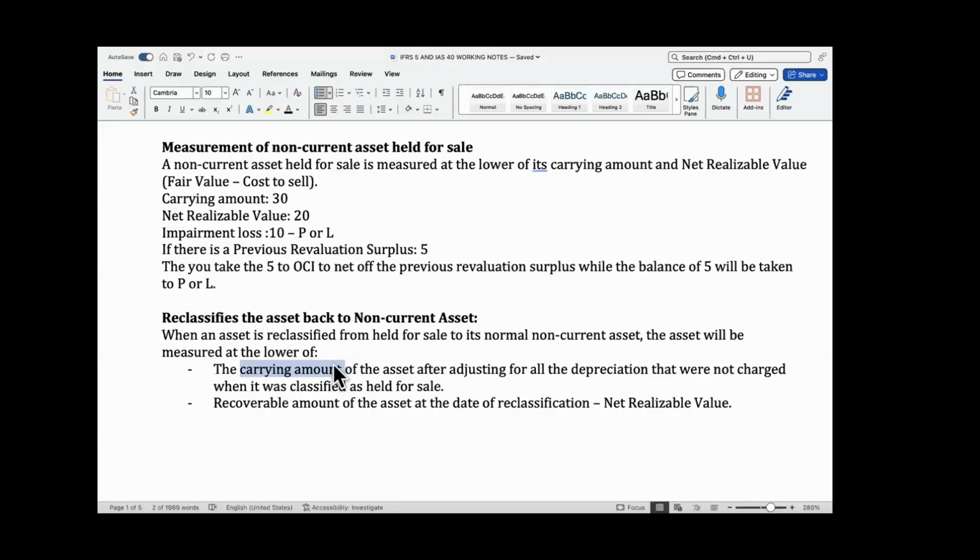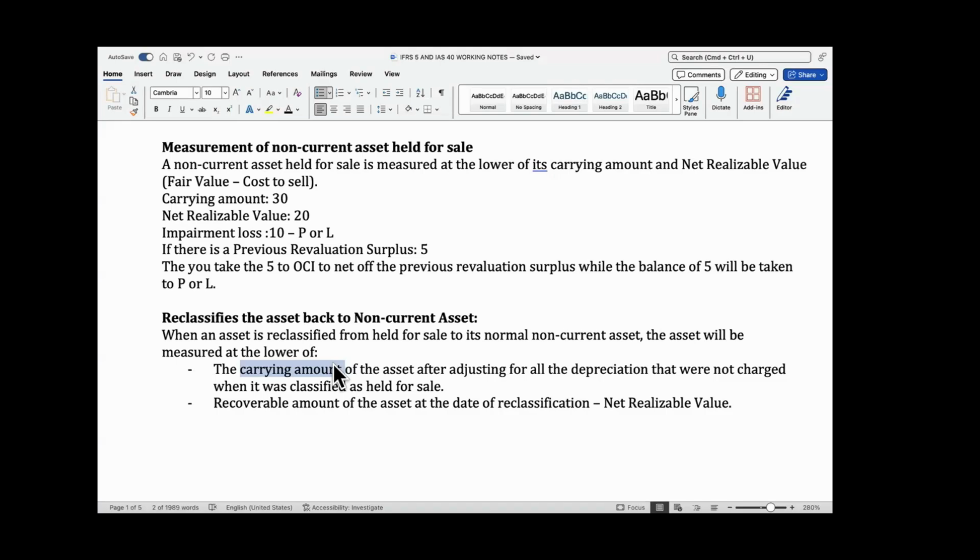Held for sale doesn't mean you're not using it. Like Lukman asked the other time, you can still be using it. And if you're not using it, fine. But that is not our aim for held for sale. Held for sale means the intention is that you want to sell. So whatever you are using it for doesn't matter to us, but make sure you sell it within 1 year.